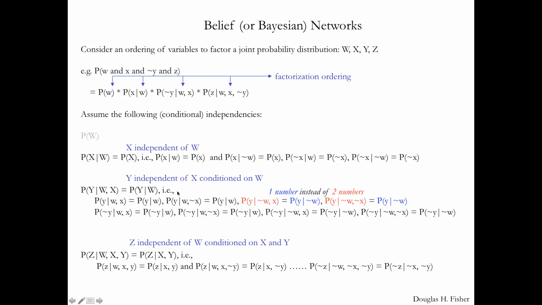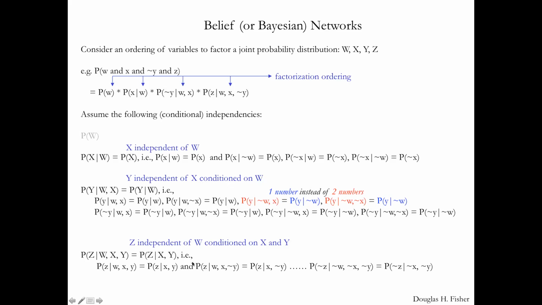And you'll notice because of this conditional independence relationship, for every 2 probabilities, because these are binary valued variables, in the situation where we're not assuming conditional independence, this is one probability and this is a distinct probability in which the X values are different, we're really going to replace that by a single probability, because the X assignment is not important anymore because of this conditional independence assumption.